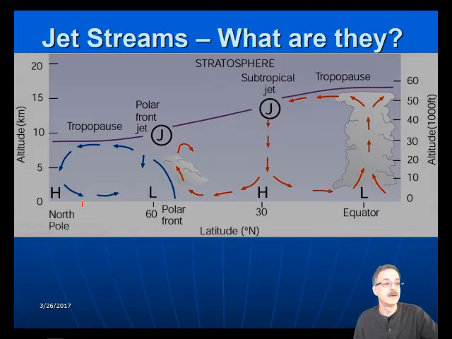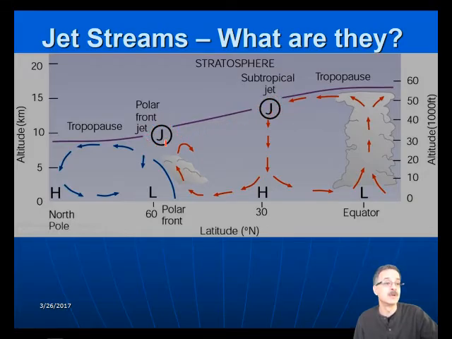We've got the North Pole right here, and we've got our polar cell going on. We've got the equator right here, and we've got our Hadley cell here, and then we have our Ferrel cell right here. And these jet streams occur right in the upper atmosphere at the intersection of those cells. We have 2 jet streams we normally see, one called the subtropical jet stream and one called the polar front jet stream.